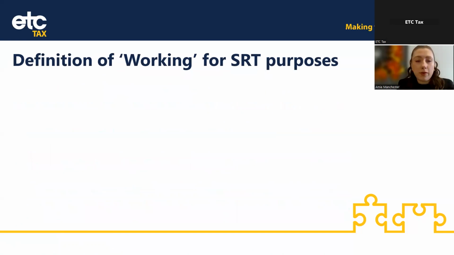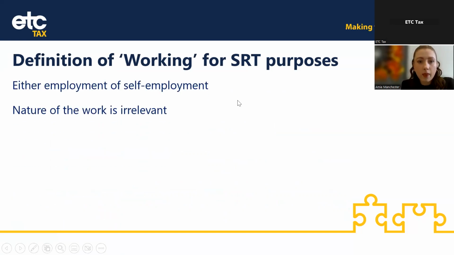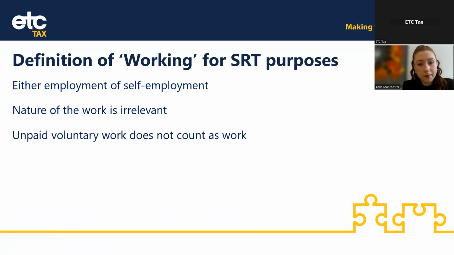So just before moving on, have a quick look at the definition of working for the purpose of the statutory residence test. It can be either employment or self-employment. The nature of the work is irrelevant. Unpaid voluntary work will not count as work when calculating for the purpose of the full-time work abroad test.